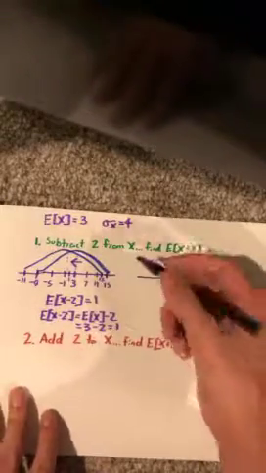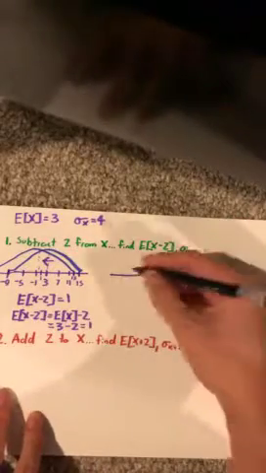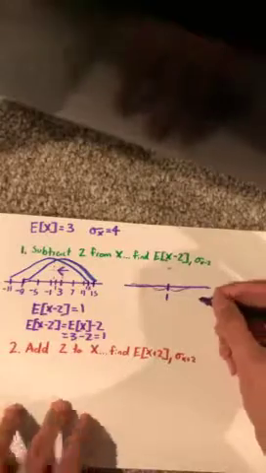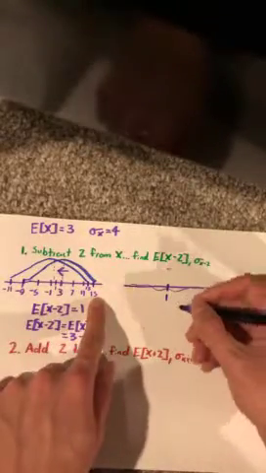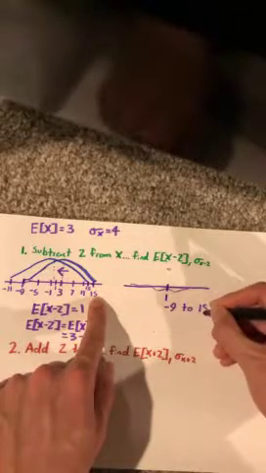If you look at these diagrams, you'll notice that our first distribution ranges from -9 to 15. That's our first distribution.